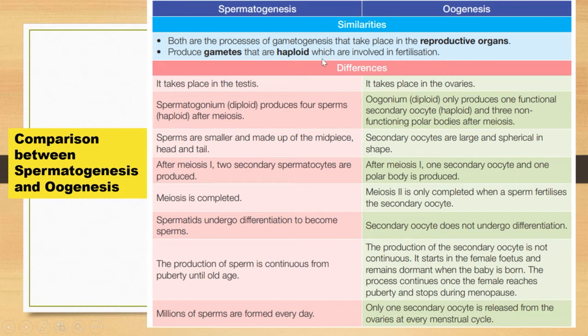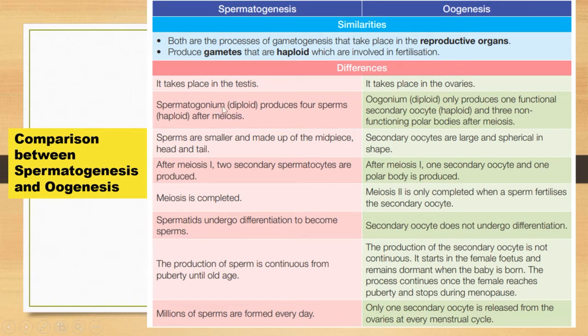Those are the two similarities between spermatogenesis and oogenesis. Now we go to the differences. Spermatogenesis takes place in the testes, whereas oogenesis takes place in the ovaries. Second difference, spermatogonium is produced when the germinal cells of the testes undergo mitosis to form a lot of spermatogonia, which are also diploid.